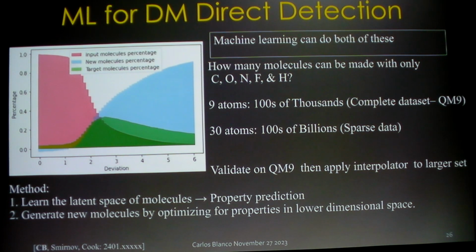So the deviation is what is your training sample, right? As you go to the right, you're using less and less training data, which is the red. Not quite. Think about this as a knob that allows your black box to either generate things that are very close to the training set, or explore a latent space farther and farther away from that initial training location.